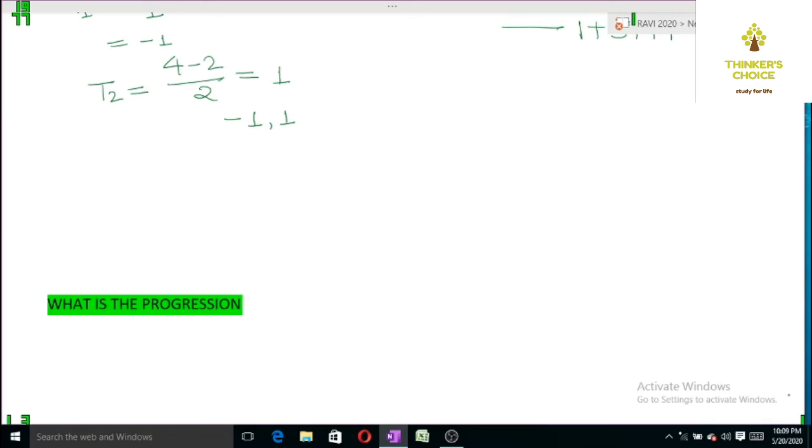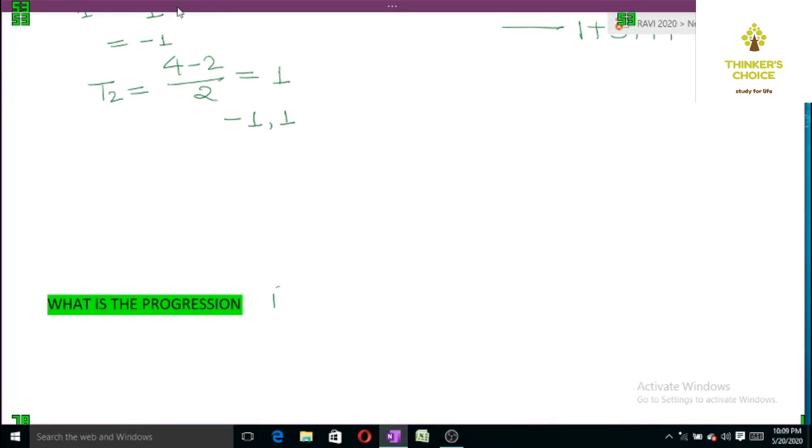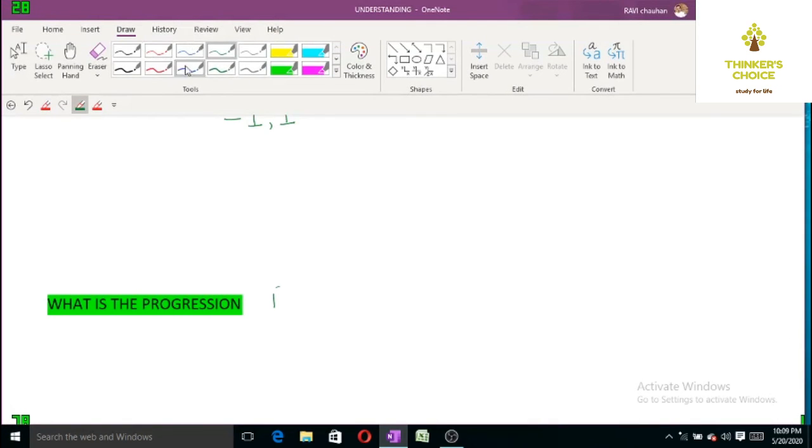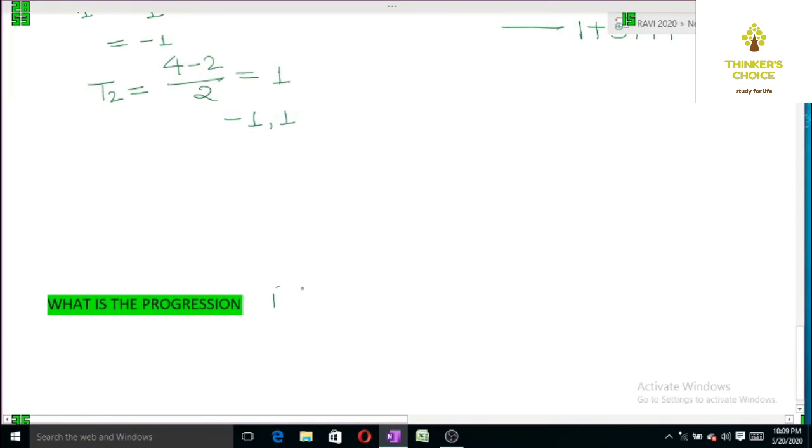What happens in a progression? In a progression, the terms follow a definite rule. What is the meaning of a definite rule?